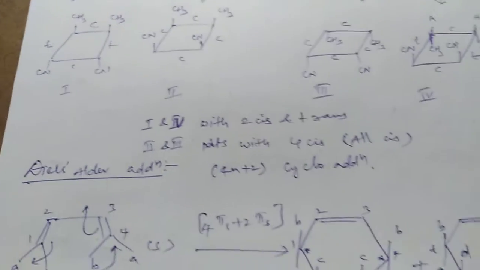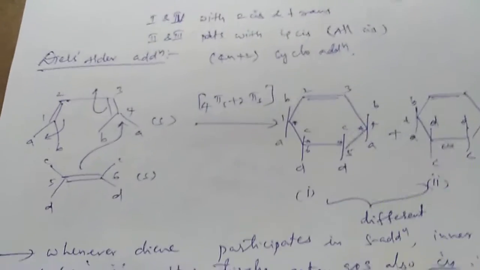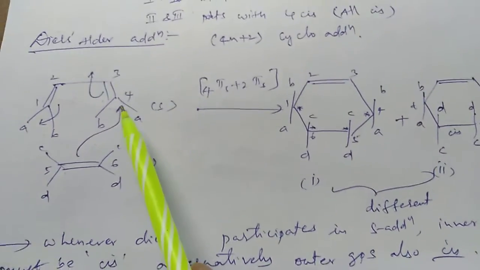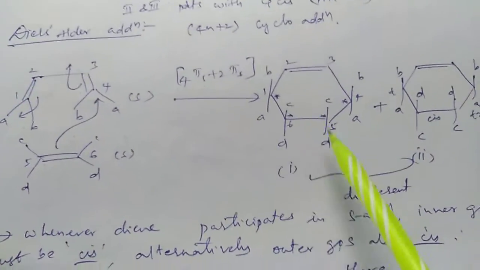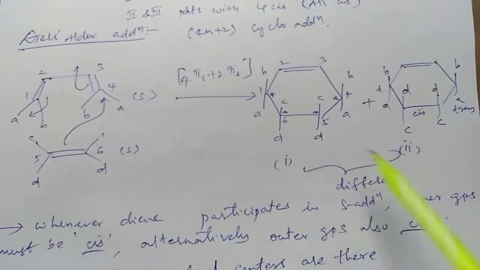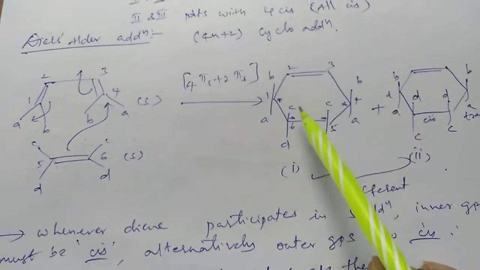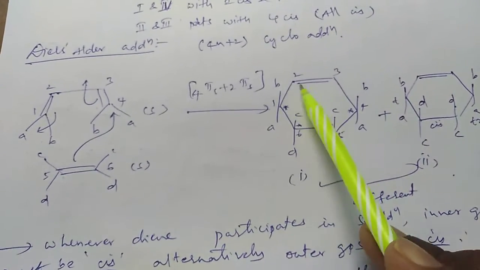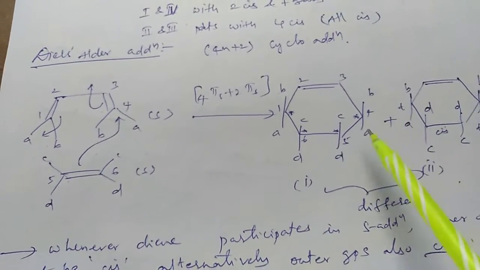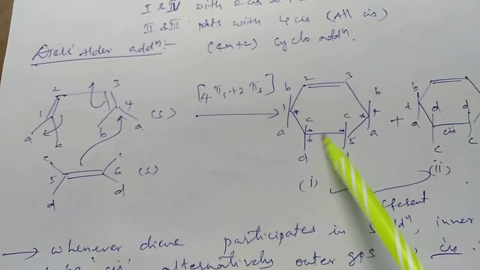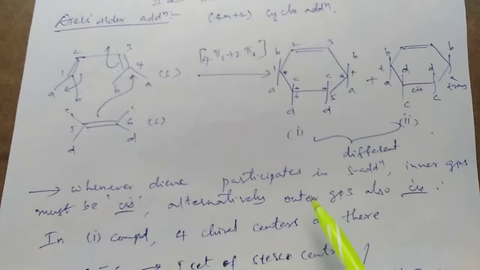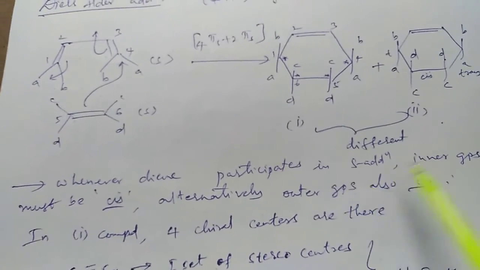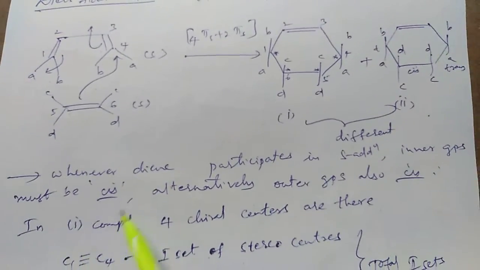Now we are taking 4+2 cycloaddition, that is the Diels-Alder reaction. 4 pi electrons react with 2 electrons. It gives 2 different products, they are sets 1 and 2, with carbon numbers 1, 2, 3, 4, 5, 6. Whenever the diene participates in suprafacial addition, the inner groups must be cis.